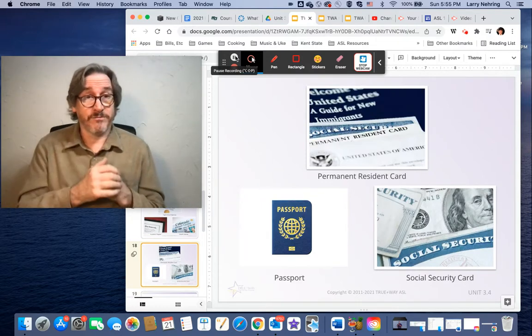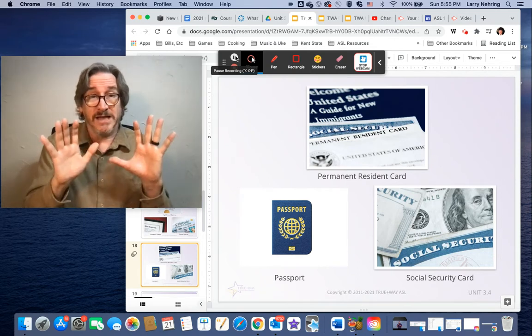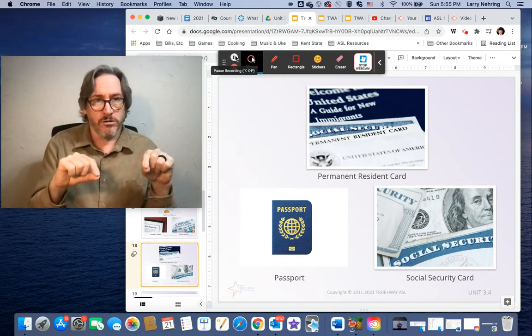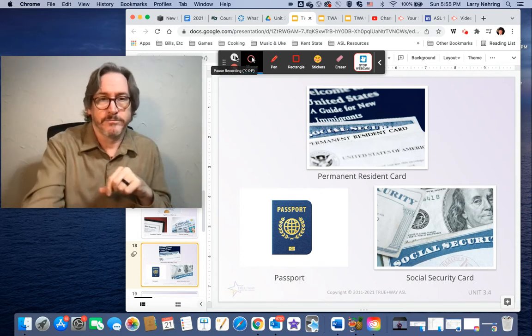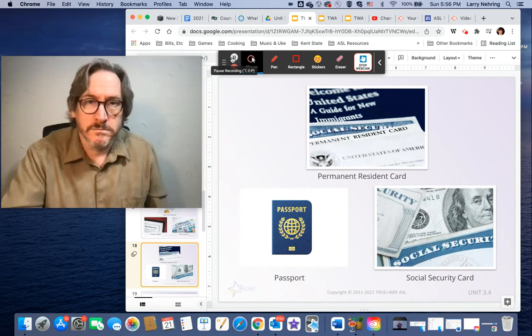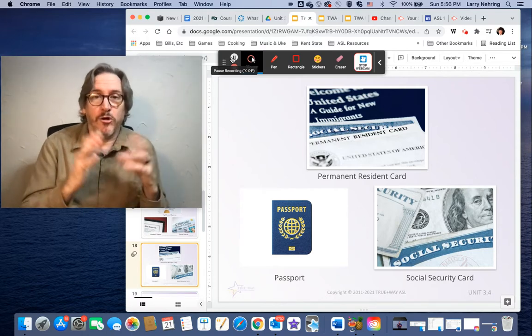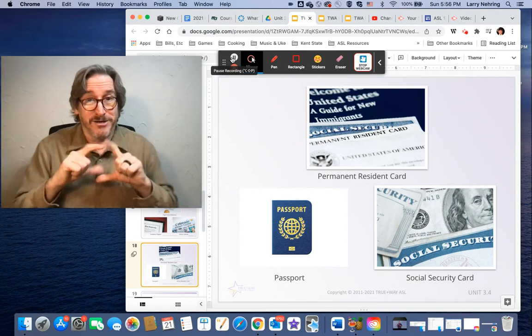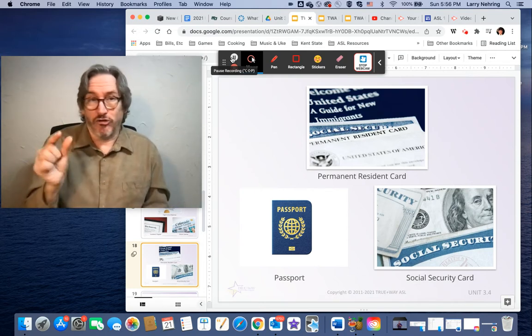Permanent resident card. It's very simple. I wish they had put it in. It's the green card. So again, it's not like permanent resident card. It's just green card.